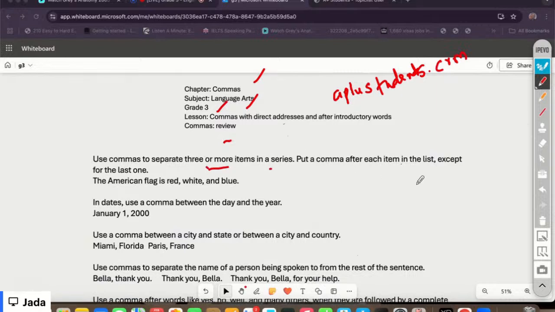Put a comma after each item in the series except for the last one. So you could have a series that lists different things. You have to make sure that you put commas in all except the last.